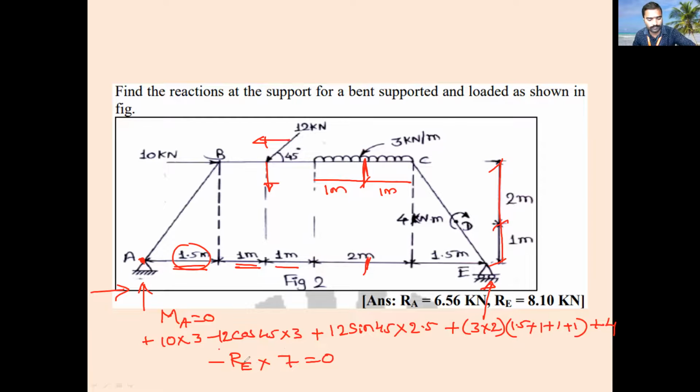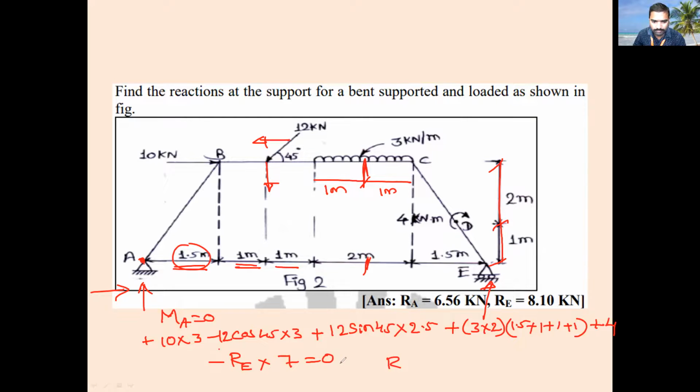RE. 76.66, check it once again. Divided by 7. No, check it once again. 60.39 divided by 7.